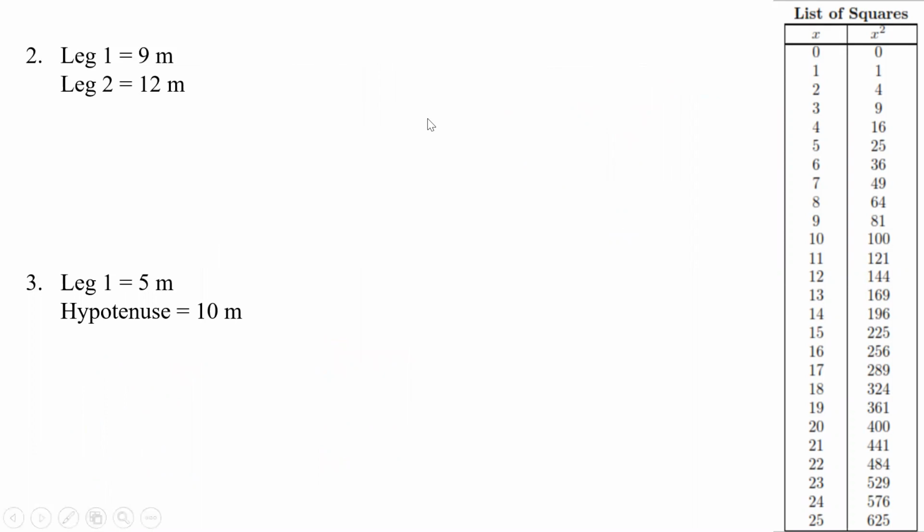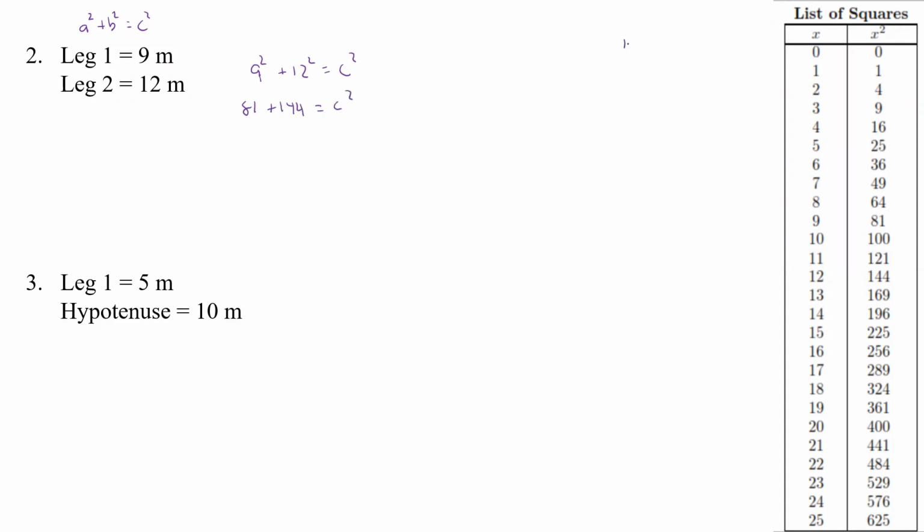And so these are still the same, find the exact length. Let's write up here so we don't forget, a squared plus b squared equals c squared. So we have 9 squared plus 12 squared equals c squared. Well, 9 squared is 81, 12 squared is 144, and that's equal to c squared.